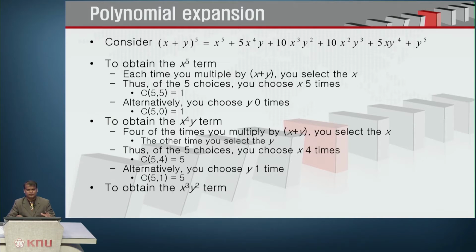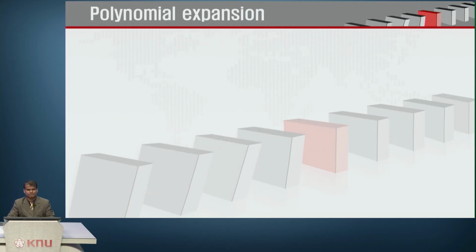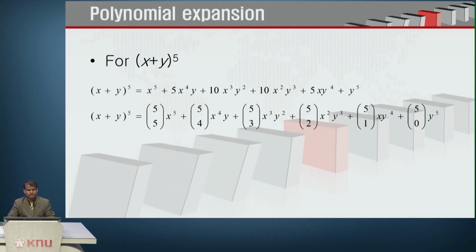So there are different combinations you come up with in these polynomial expansions. Especially for x cubed and y squared, you have C of 5 comma 3 and C of 5 comma 2, which is 10. We have just seen this example here, so this is a different way to express it.